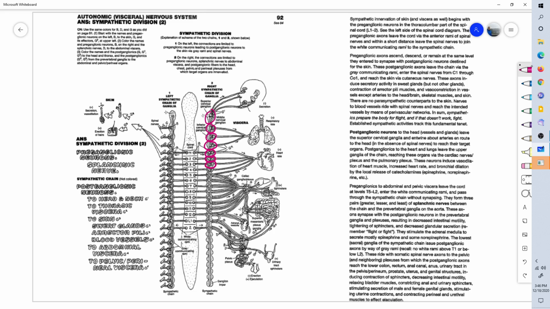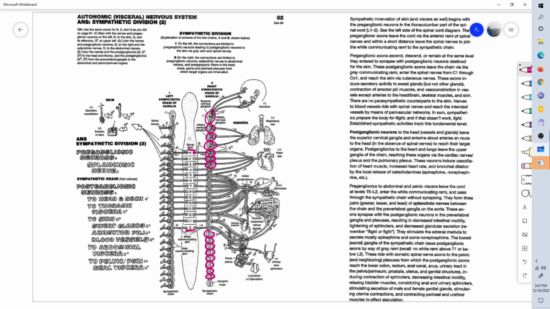We discussed how the ganglia exist above T1, even though the cell bodies of the preganglionic neurons are only from T1 to L2, thoracic 1 to lumbar 2, in the lateral horns there. But the sympathetic ganglia here allow the sympathetic nerves to go above and below the level of the spinal cord, or above and below T1 and L2.